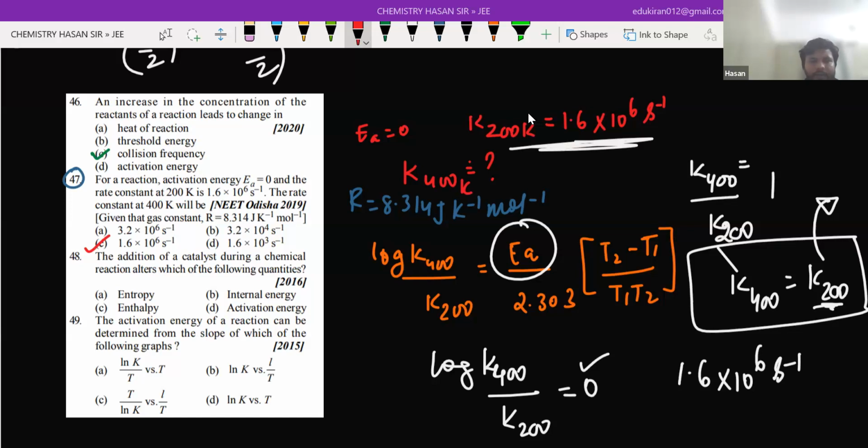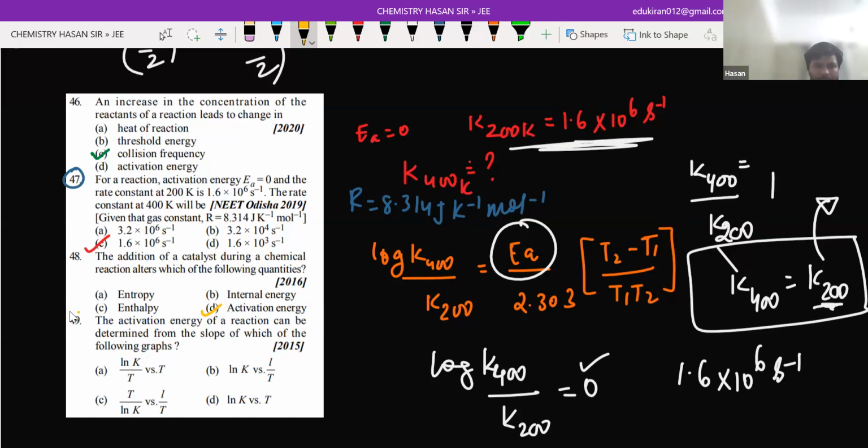The addition of a catalyst during a chemical reaction alters which of the following quantities? Entropy, internal energy, enthalpy. It doesn't do these things. It only interacts with activation energy. When you add any catalyst, generally what happens here is the catalyst decreases the activation energy, so the reaction will be going faster.